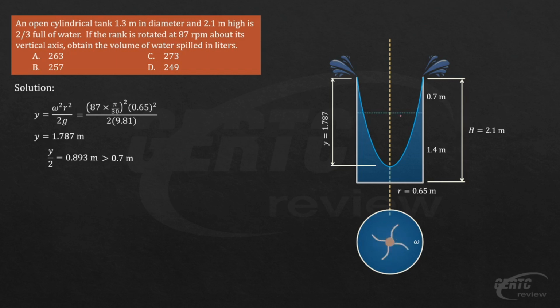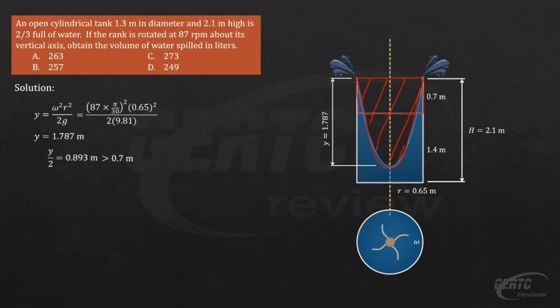So how do we compute the volume spilled? To compute the volume spilled, it is better to use the air. The initial volume of air before rotating the tank is this. During rotation, the volume of air is this. Naturally, if something spills, the volume of air will increase. This volume is the volume of the paraboloid of revolution, and we know the formula for that: 1/2 the volume of the circumscribing cylinder.